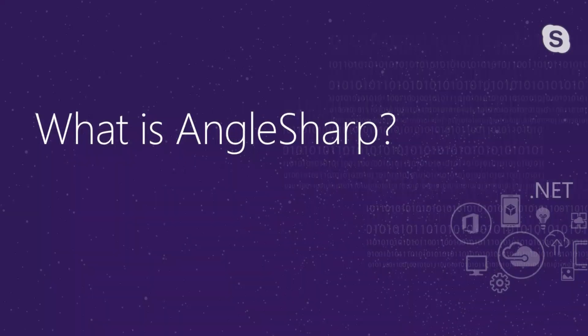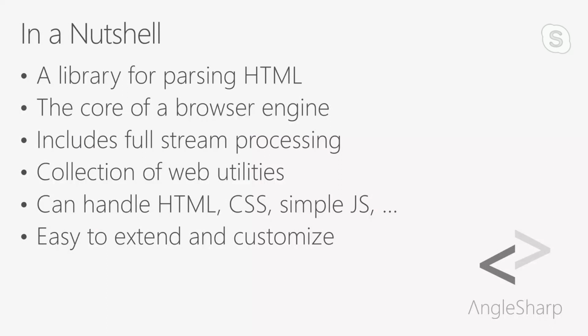So, what is AngleSharp? As I already told you, it's a library for parsing HTML, but it's in fact a little bit more than that. In order to parse HTML5 correctly, there's the core specification, but there are all kinds of specifications actually. If you want to really get a grasp on what's on the web, you should not consider just one specification, but all the side specifications also play a very important role. Like, for instance, this one little thing called JavaScript, right?